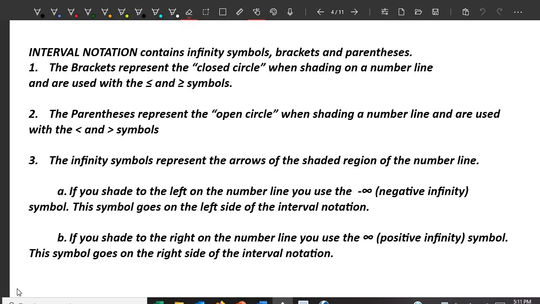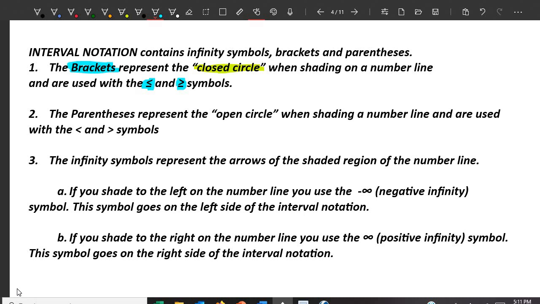Just like in the past, when you used closed circles, we're now going to use brackets. So the closed circle and the brackets represent the equal to part of the symbol. Think of it this way: the line underneath means equal to.